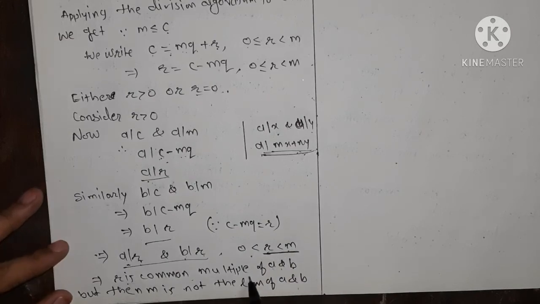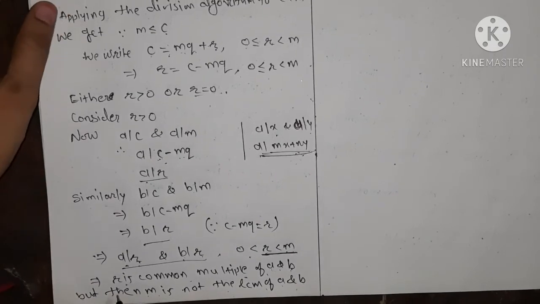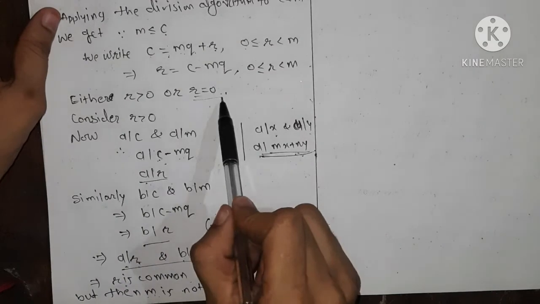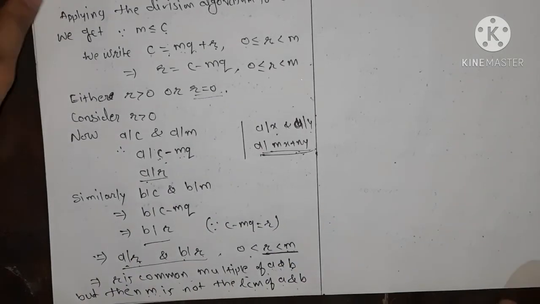So if r is a common multiple of a and b and r is smaller than m, then this implies that m is not the LCM of a and b. Okay, so to retain m as the least common multiple, we require that r should be 0. Otherwise r is the least common multiple.